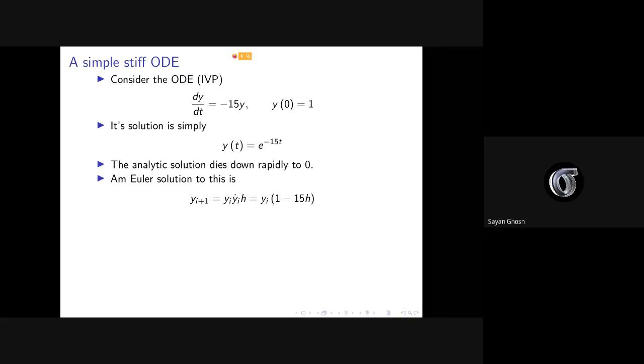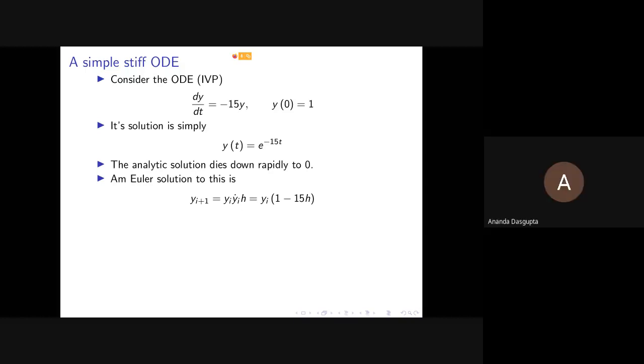Depends on the value of step size. How? If 1 minus 15h is less than 0, then we will get some other solution. I mean, it will not behave like that.